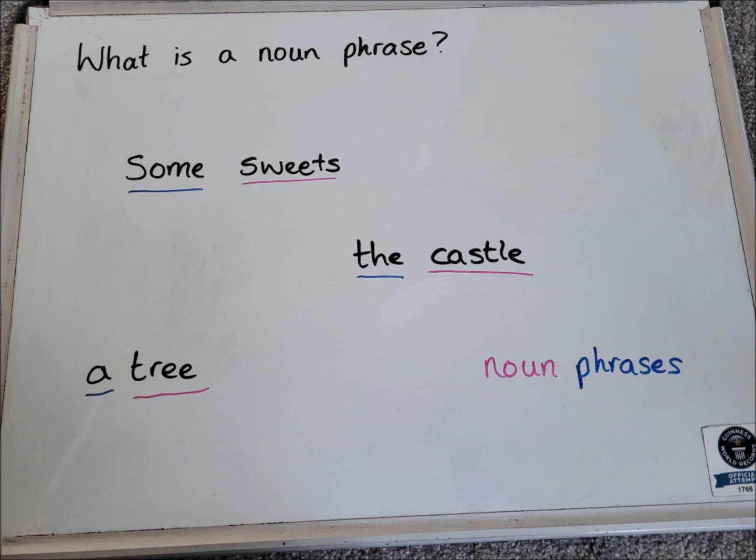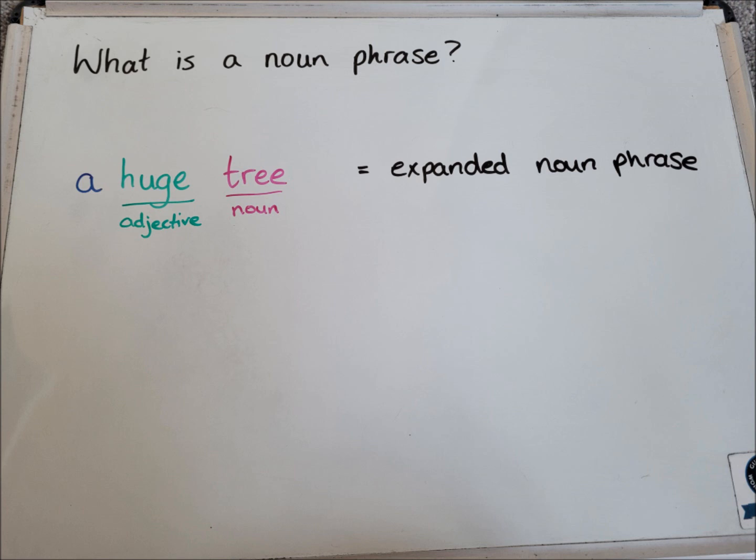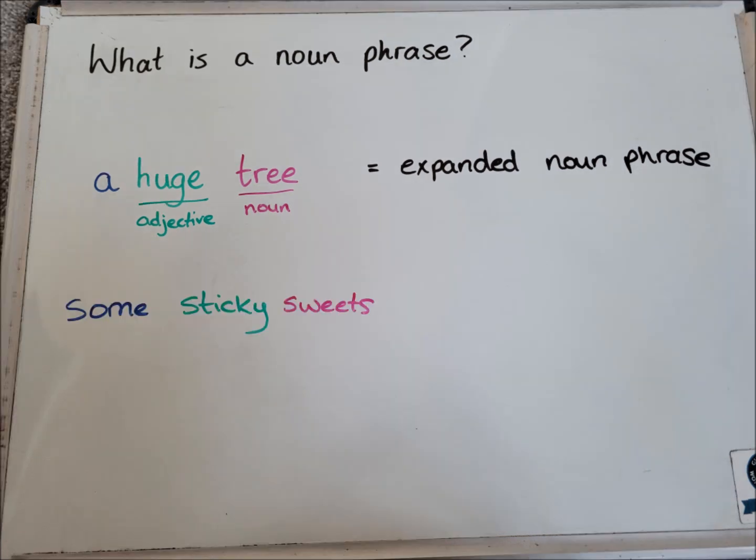So if we have a look at this next one here, instead of just saying a tree, if we said a huge tree, this would be an example of an expanded noun phrase. We've included the adjective huge to make that phrase a bit more interesting and a bit more exciting. If we have a look at the next one, instead of just saying some sweets, some sticky sweets just gives us a little bit more information rather than just saying sweets or some sweets.